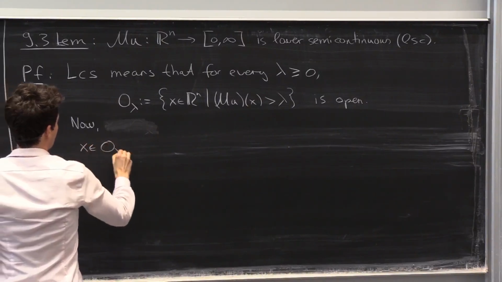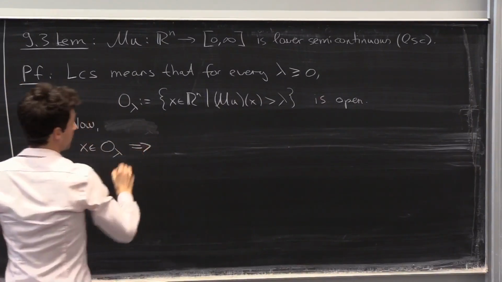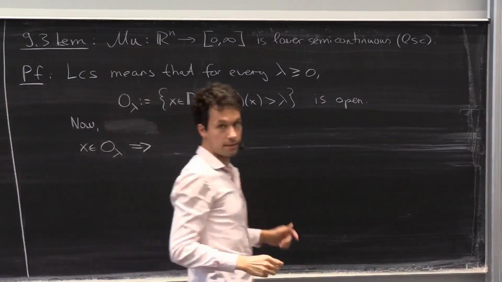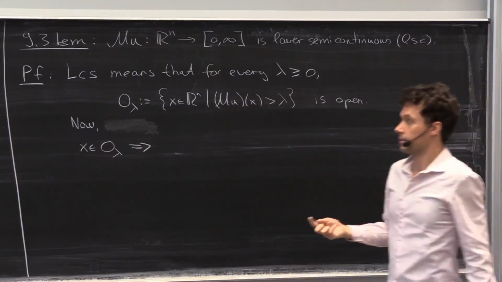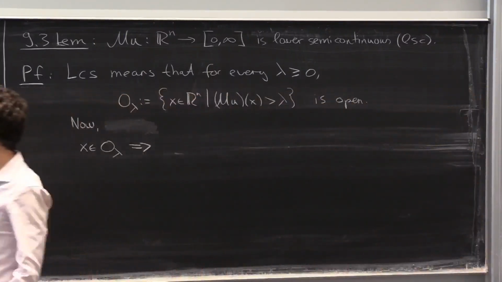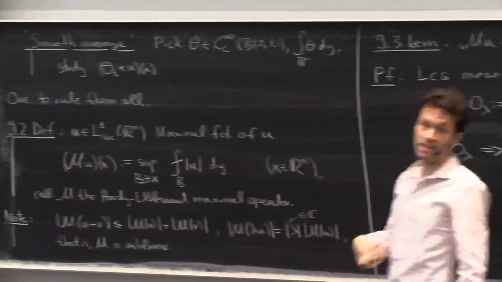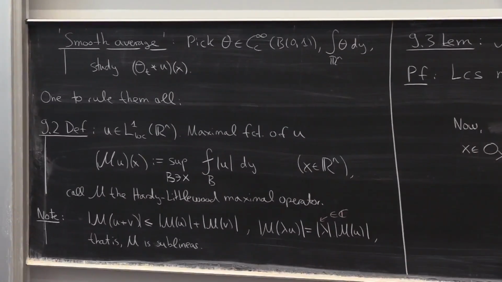Now, what does x in O lambda mean? It means the maximal operator got strictly larger than lambda. So this means that the sup got strictly larger than lambda. So there has to be a ball that already by itself produces an average that is strictly larger than lambda. So it means there exists a ball.